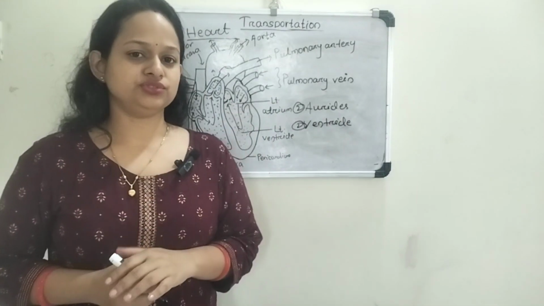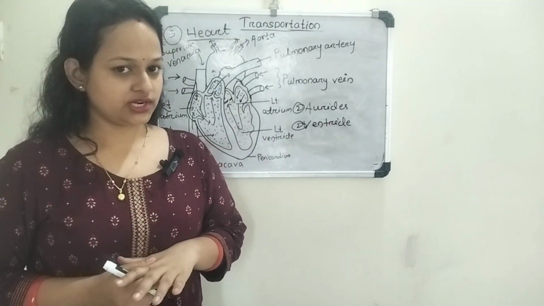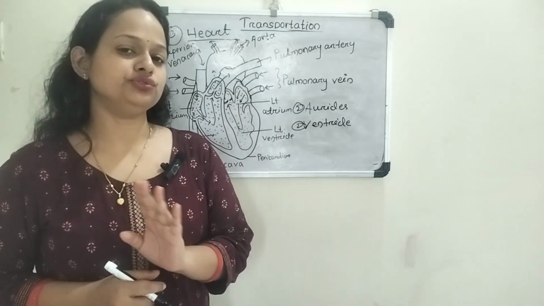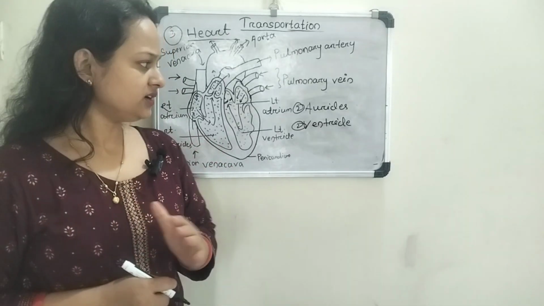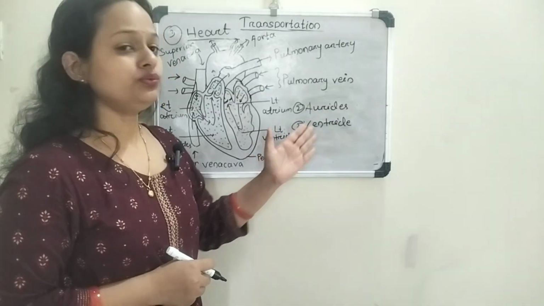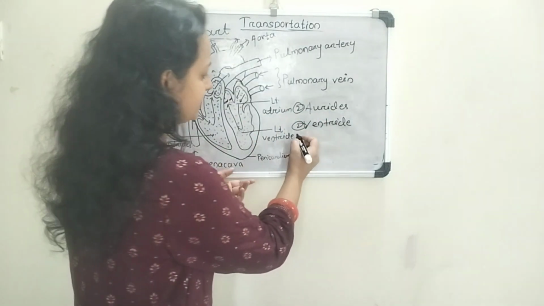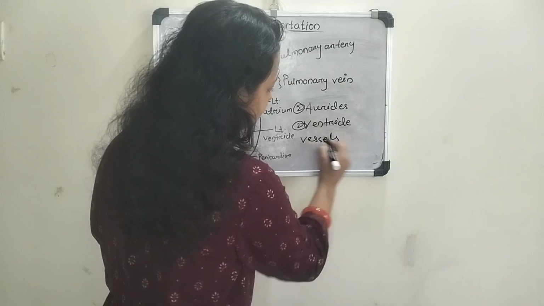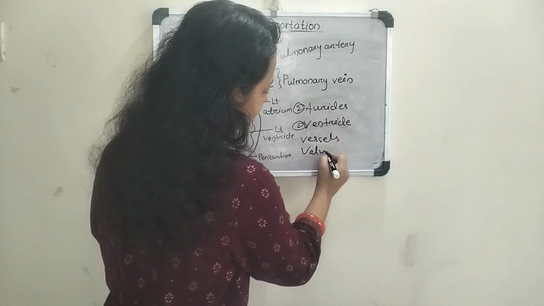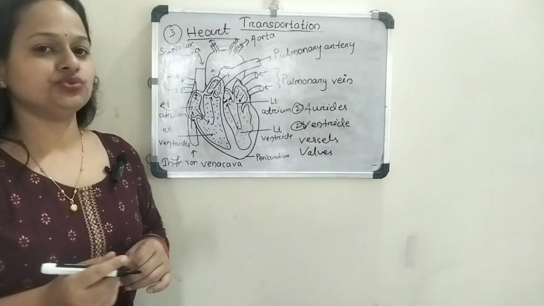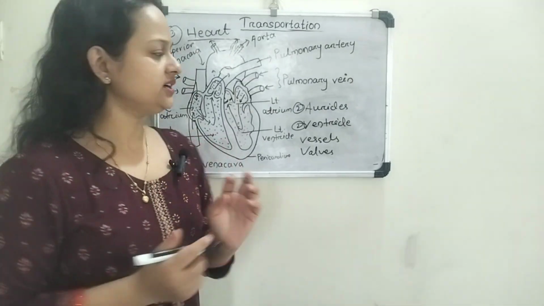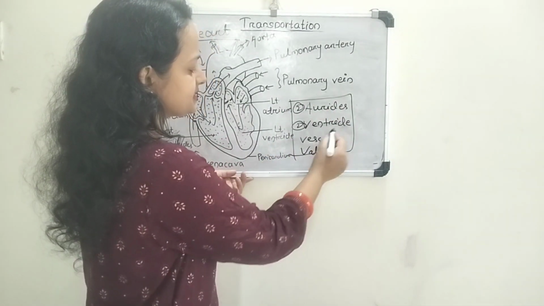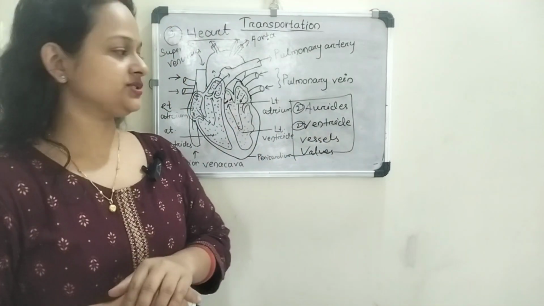Next we come to the internal structure of the heart. It is divided into four chambers: two auricles, two ventricles, and some vessels and valves.